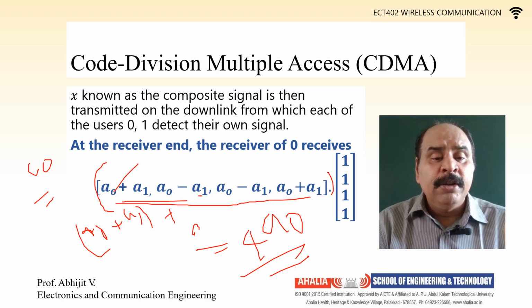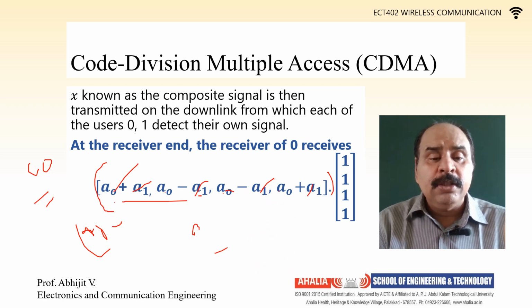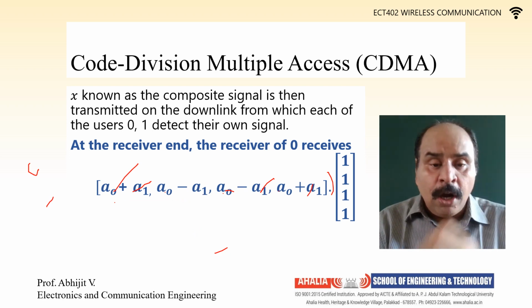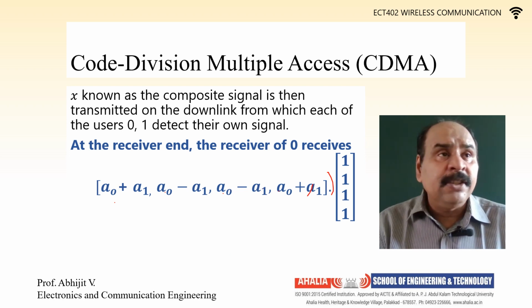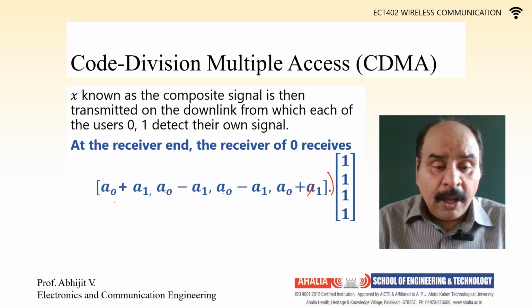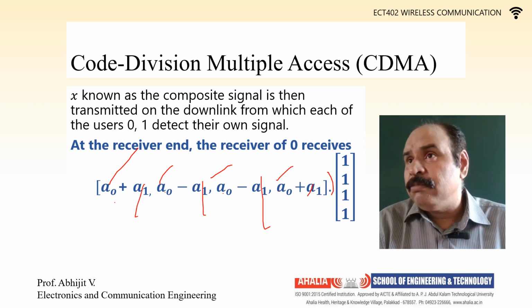The A1 terms will get cancelled, so you get A naught four times: 1, 2, 3 and 4. So you get 4A naught as the output of the sum of all the received signal, that is sigma i. The others will get cancelled.